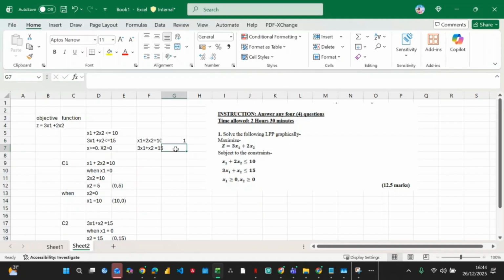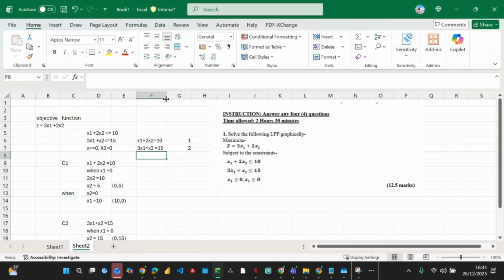So we want to solve it simultaneously. From equation 1 now, this is 1 and this is supposed to be our equation 2, right? So now we can say, okay, from our equation 1, let's find our x1.